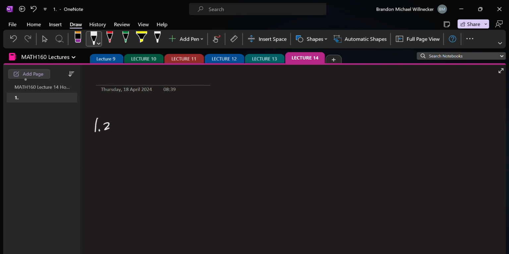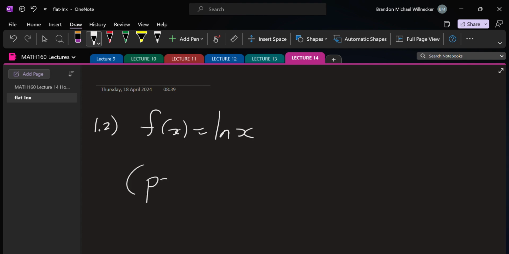For 1.2, we have f of x equals ln x. So again, same thing as before. We want to find x prime. X prime is the point that maximizes that difference.